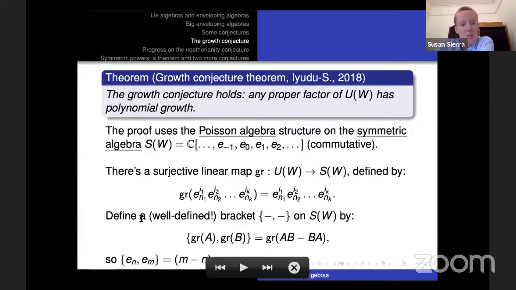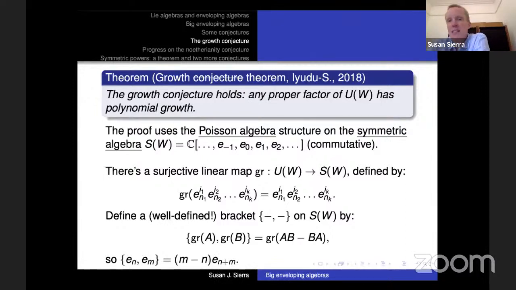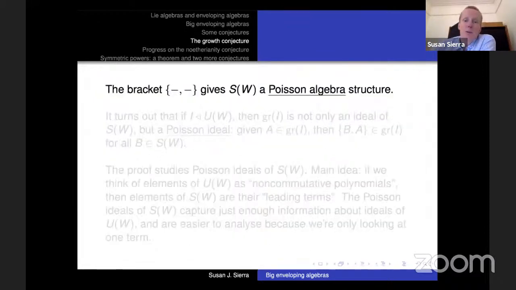And for example, it gives you the rule that the bracket of E_n and E_m is (m minus n) E_{n plus m}. So just for elements of the Lie algebra, the curly braces bracket agrees with the square brackets bracket. So S of W is now a commutative ring that has this bracket on it, and that gives it the structure of something that's called a Poisson algebra.